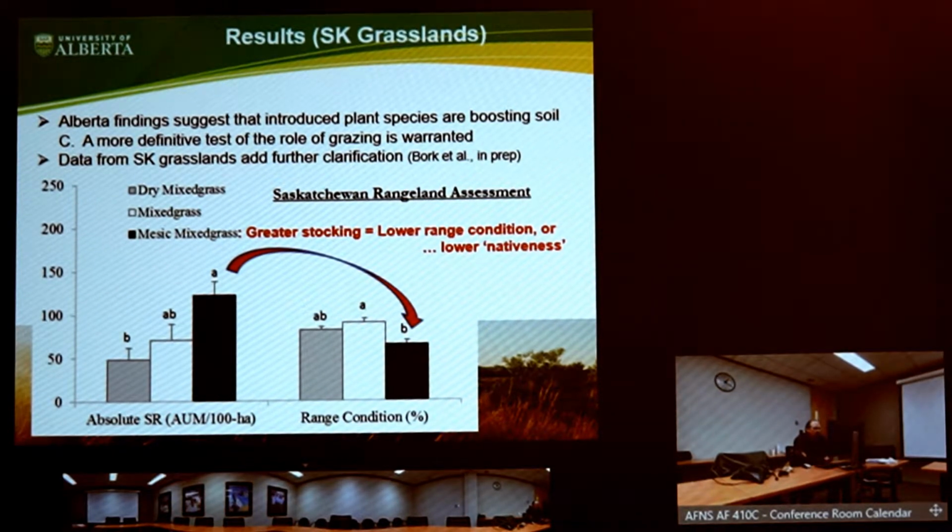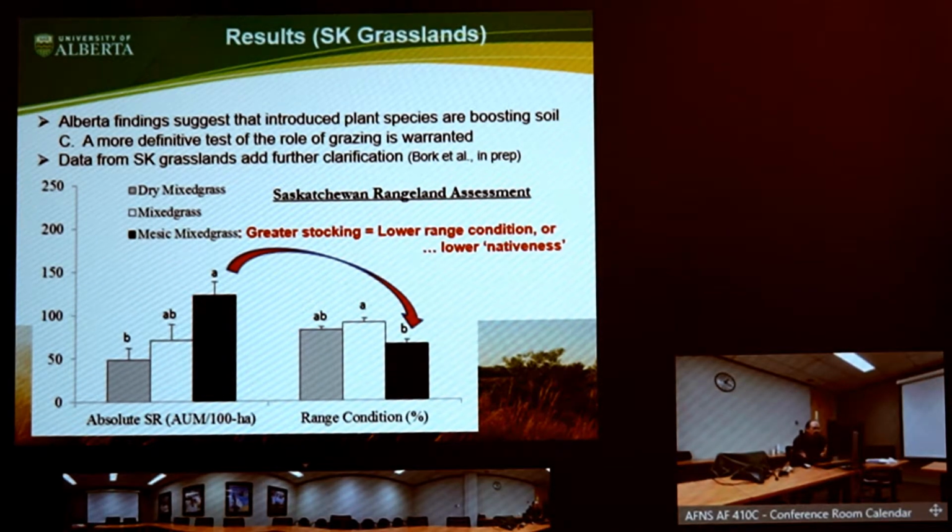And what's very apparent is that obviously the mesic mixed grass has the highest stocking rates, as you would expect. Higher rainfall, higher biomass, higher forage availability, therefore supports higher stocking. That also is associated with lower range condition in general.